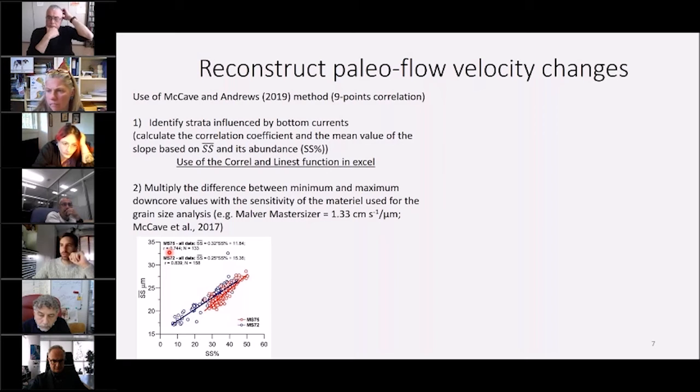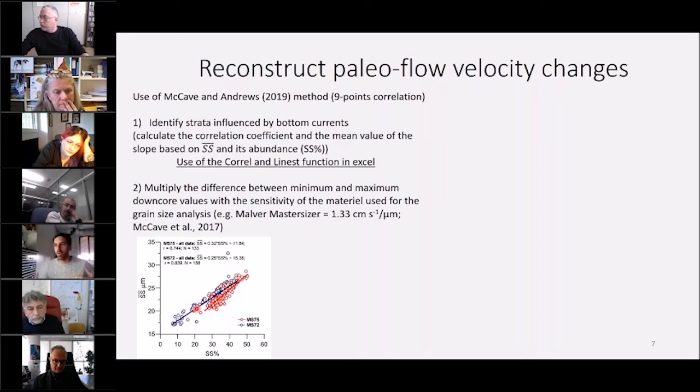The closer to one, the more reliable to reconstruct bottom current velocity. And we can see that, for example, the MS72, in blue, which was the deepest core, was more influenced by bottom current at the origin.